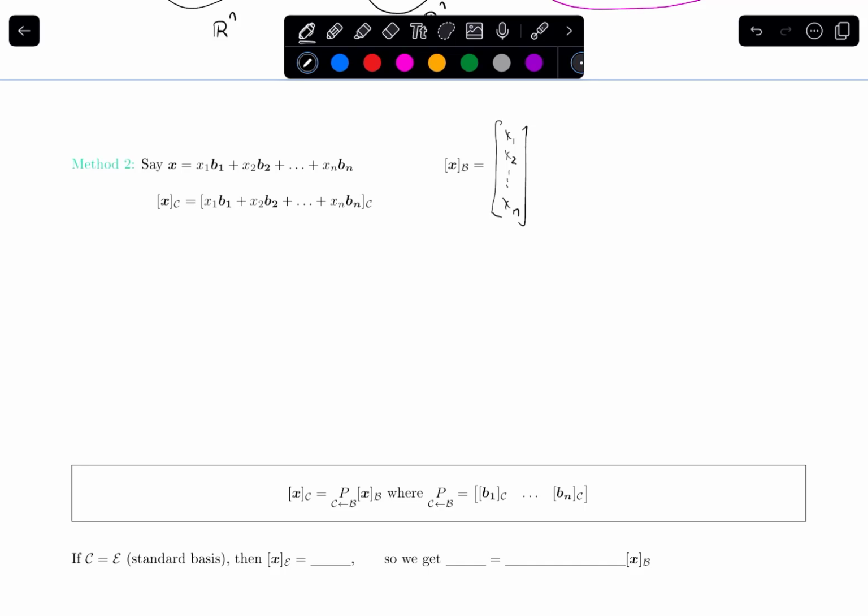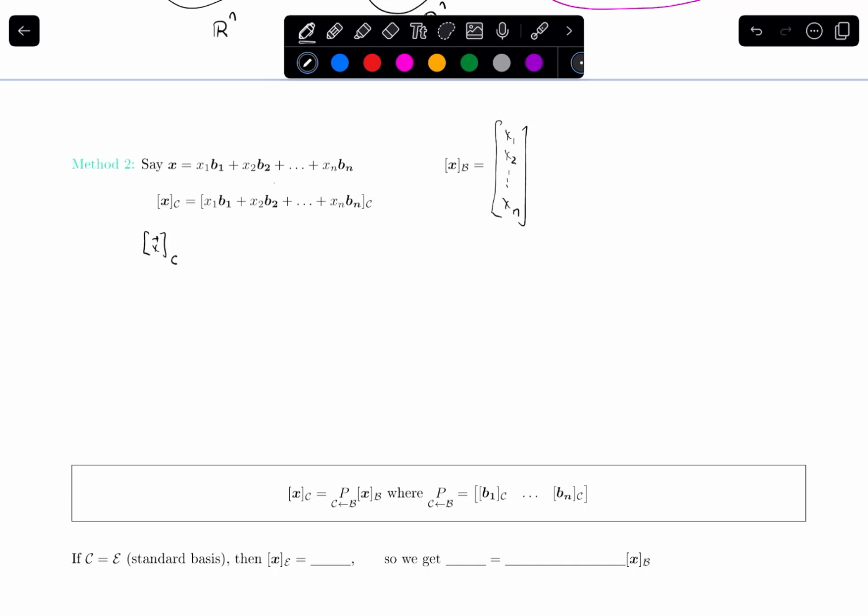Now I'm going to take the coordinate vector of both sides of this equation. You'll notice I've taken the c coordinate vector on both sides of that equation. And that's a valid thing I can do, I'm doing the same thing to both sides. So now on the left-hand side, I have the c coordinate vector of x.